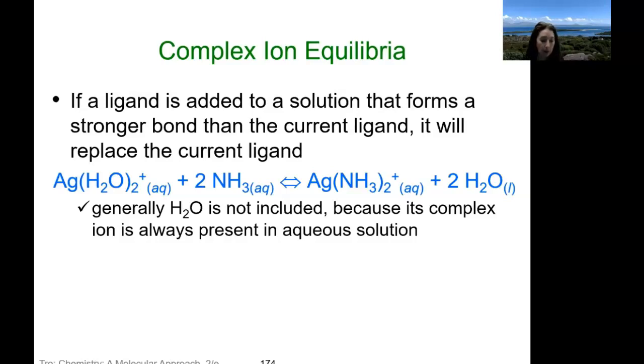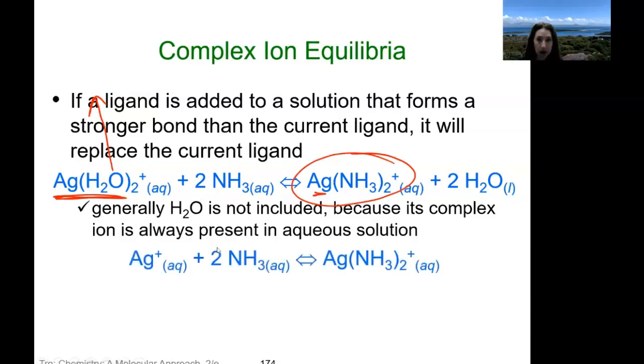Ammonia is a better ligand than water, which means silver would much rather be with ammonia than with water. So when you put silver in water and then add ammonia, water gets kicked right out, and silver will form a complex with ammonia because it's a better Lewis base than water is.